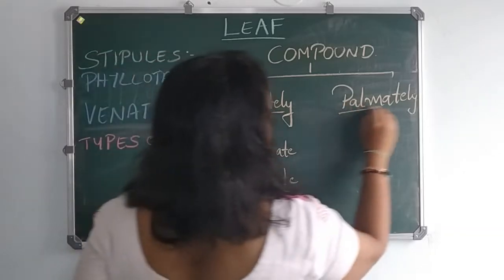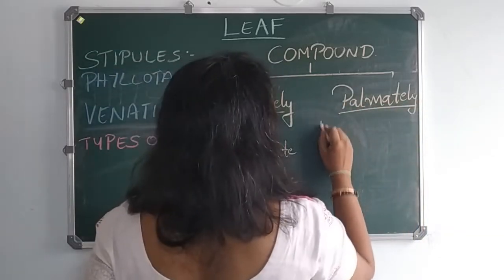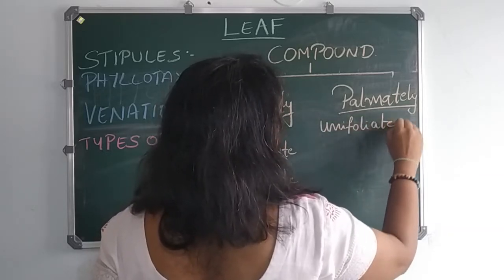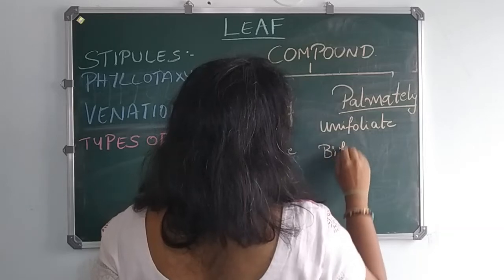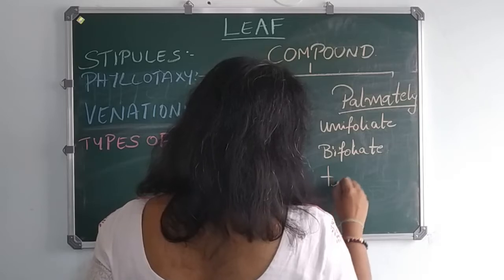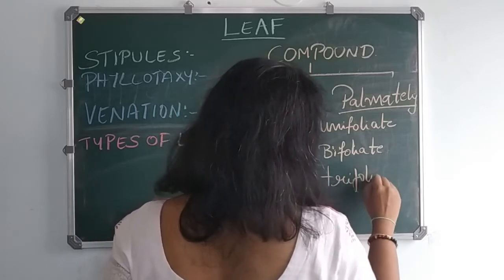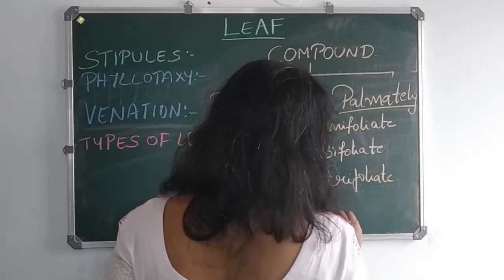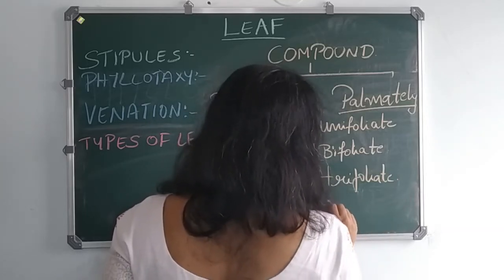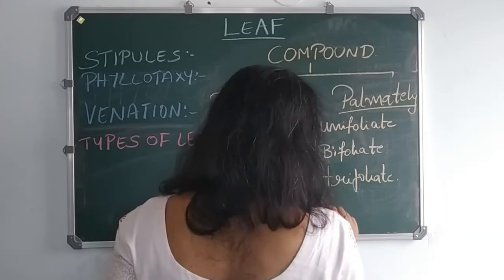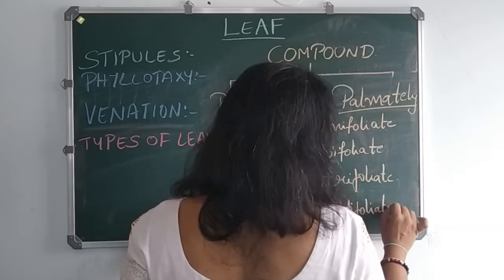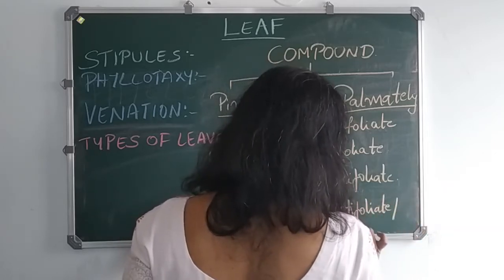Under palmately compound leaf, we have unifoliate, bifoliate, trifoliate and multifoliate, also called digitate. Quadrifoliate we can also call it. It is multifoliate or also called digitate.